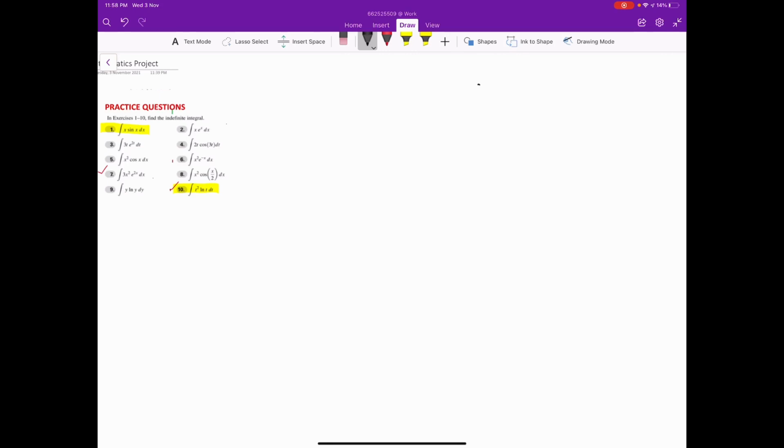Before anything, integral by parts has many methods. Many methods means many ways to solve integral by parts. There is the DI method, there is the UV method, and just like the DI, it's called DUV.